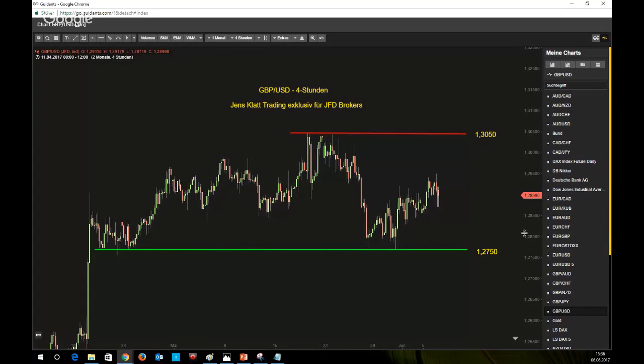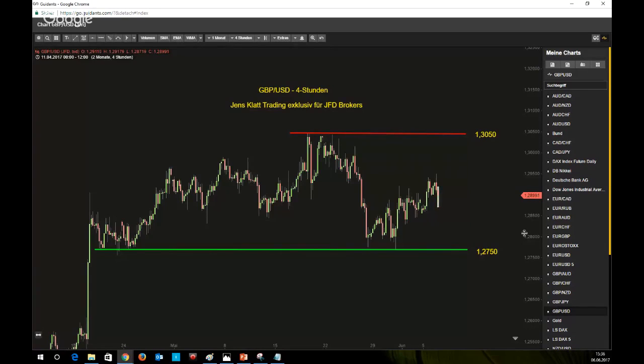But the thing is that right now the gap here between conservatives and labor is diminishing, or it's closing, the gap is getting closer here, and I think there is definitely a good reason to doubt that in this case the conservatives around Theresa May will have a clear majority after the election, bringing her in a very favorable spot in terms of the Brexit negotiations.